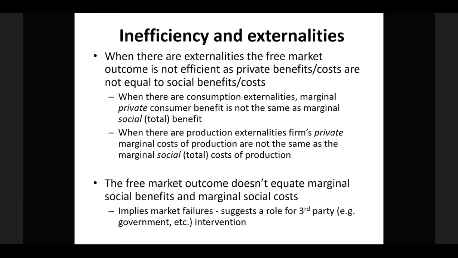Or when there are externalities in production, the firm's private marginal cost of production will not be the same as the marginal social cost of production. So again, you see that this divergence between the private and the social cost or benefit structure will cause the market to fail to produce efficient output.